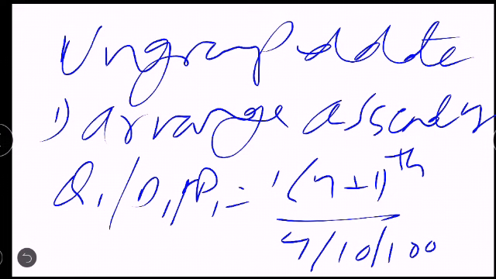In the same way, to get percentiles, we multiply the i value with (n plus 1), then divide by 100. For example, to find P85, 85 into (n plus 1) divided by 100. The observation which lies at that position is that partition value.